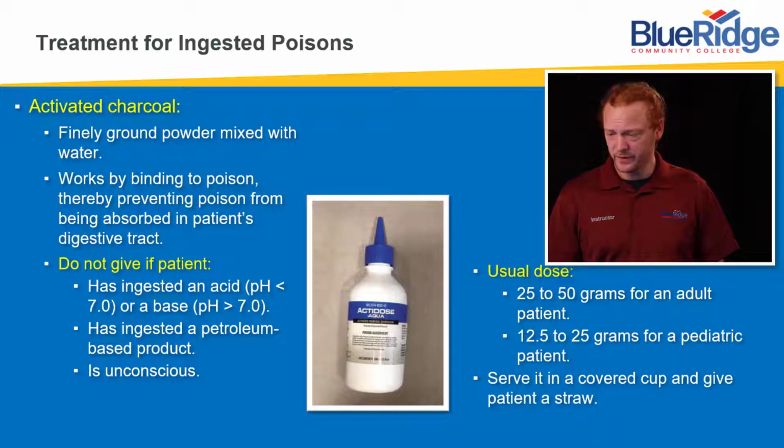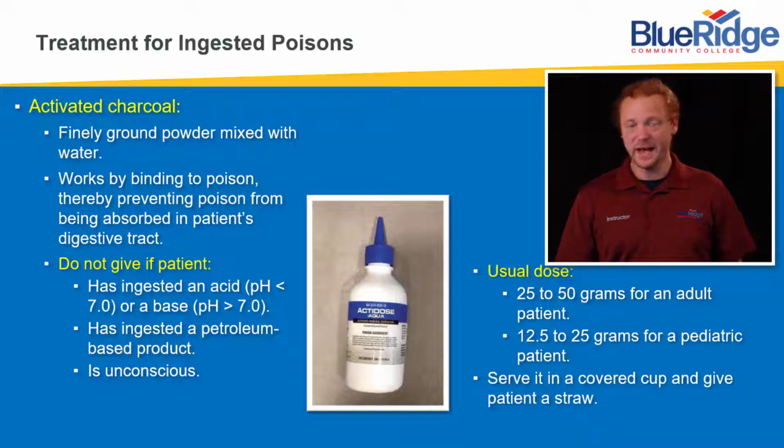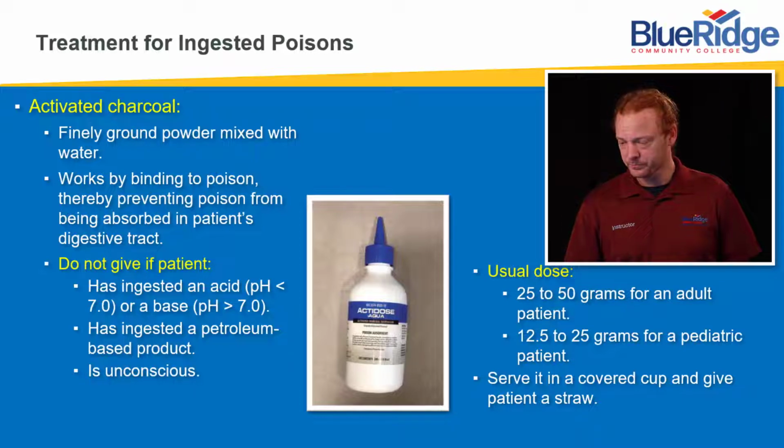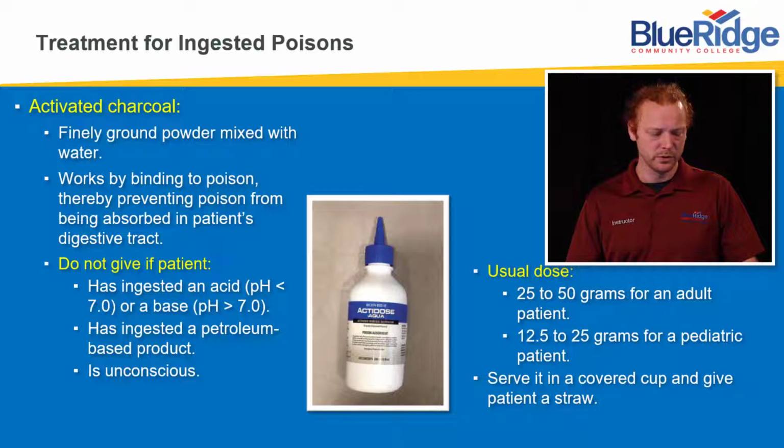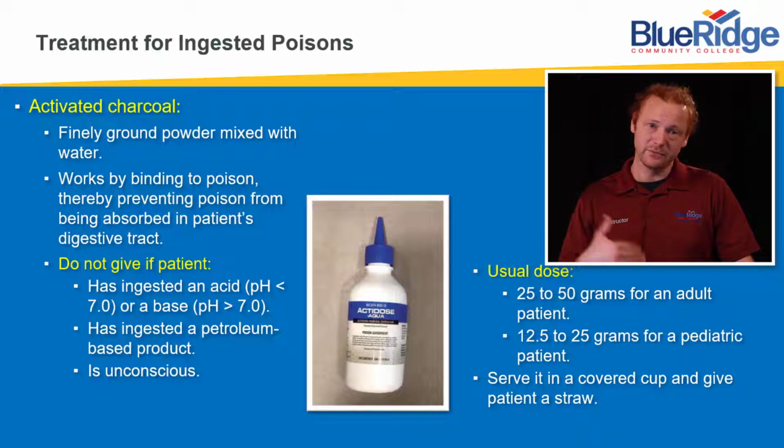Do not give it to a patient who has ingested an acid, has ingested a petroleum-based product, or is unconscious. Obviously, if they're unconscious, they can't protect their own airway, they can't swallow. General dosages are 25 to 50 grams for an adult and half of that for a child or pediatric patient.